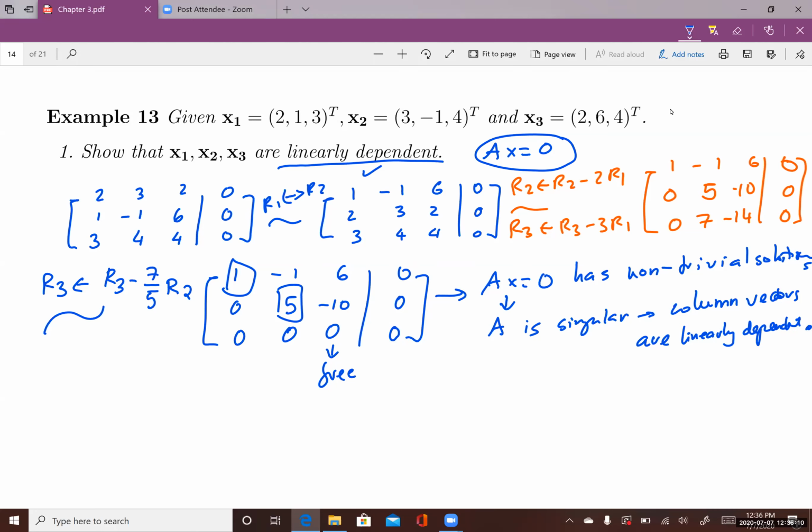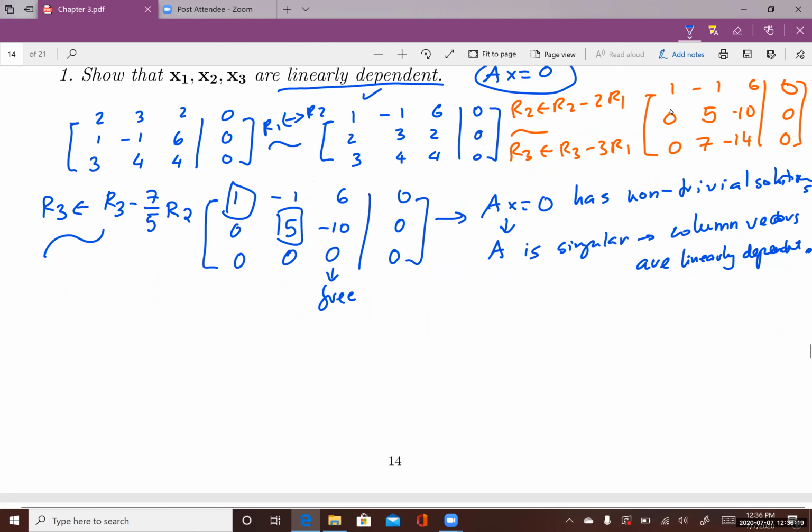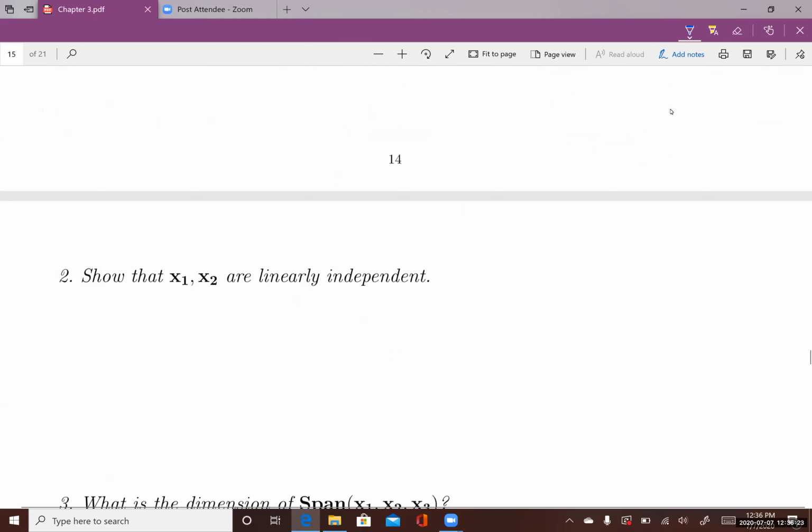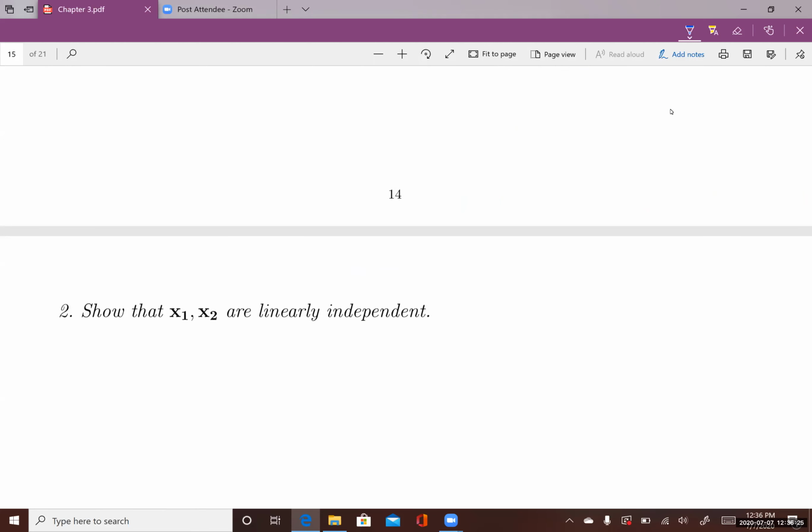So they're linearly dependent, I just showed that, right? That means among x1, x2 and x3, one of the vectors depends on the other two, or two vectors depend on one vector.